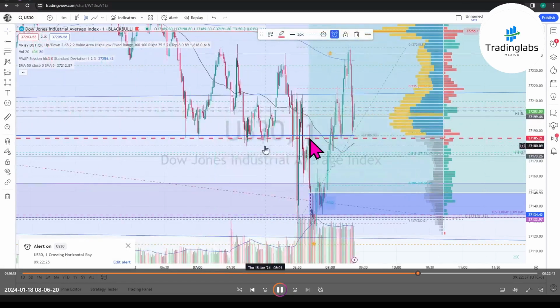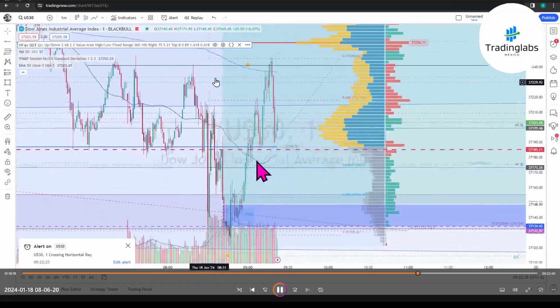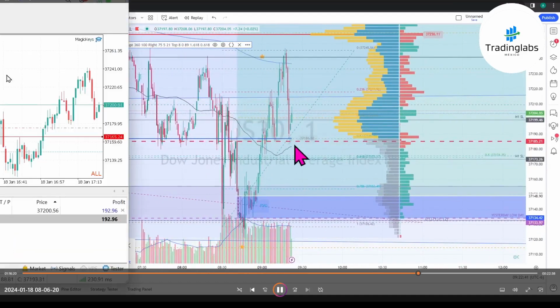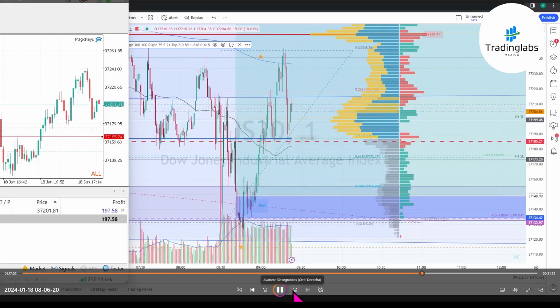I'm very sure about that, and so my trailing stop is here. I'm very sure that if the bulls come in, we are going to break this resistance. It's a lot of stress, right?